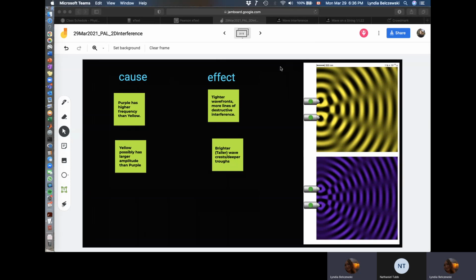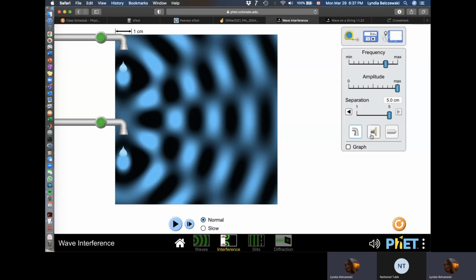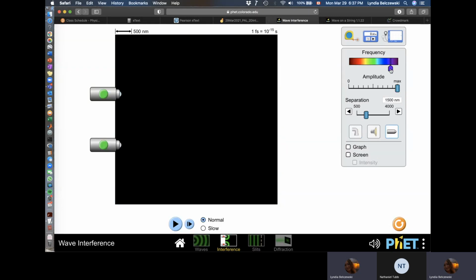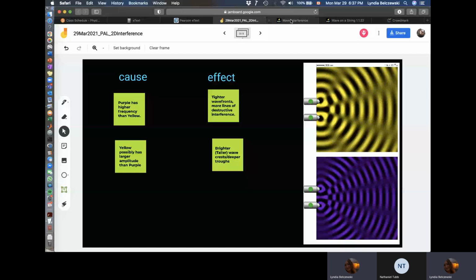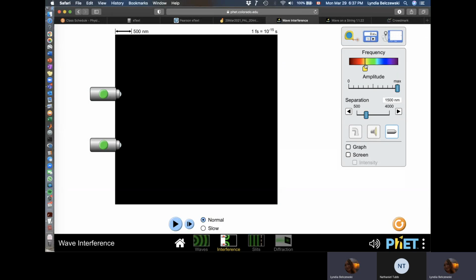All right, I see some good comments. Let's talk about them. So the first combination here, your purple has a higher frequency than yellow. Absolutely, that is something that I went and changed. If I start with a yellow frequency, oops, I should probably turn my lasers on.